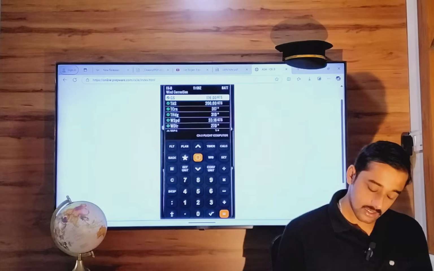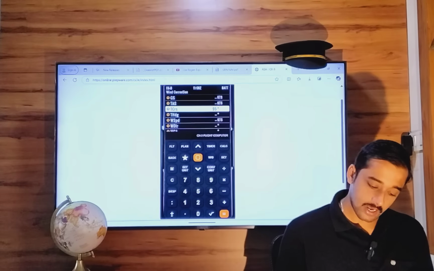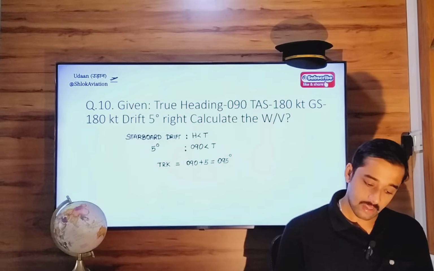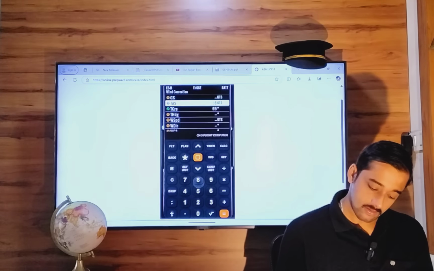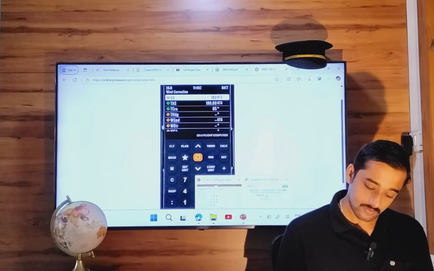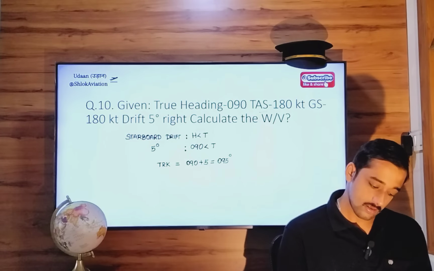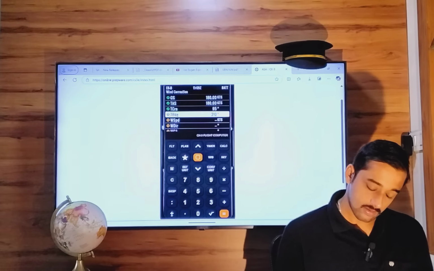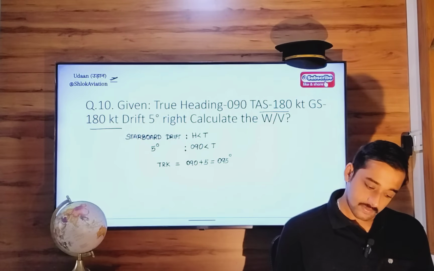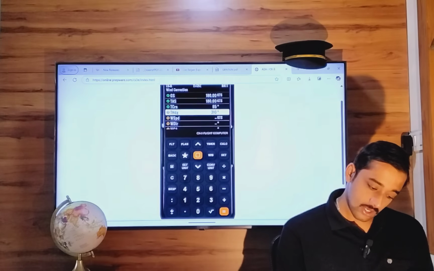Substitute the values here. Track 95, TAS 180, ground speed 180, true heading 090.